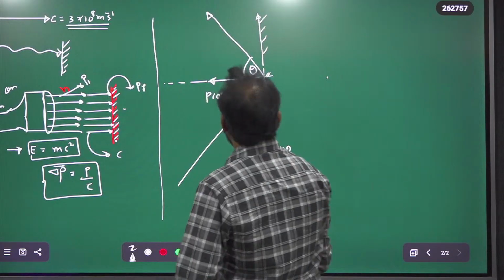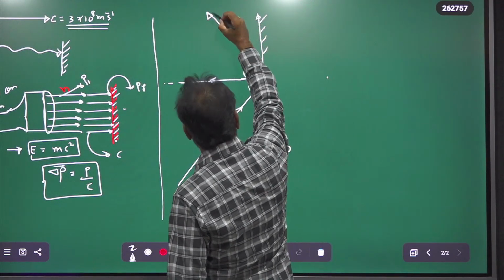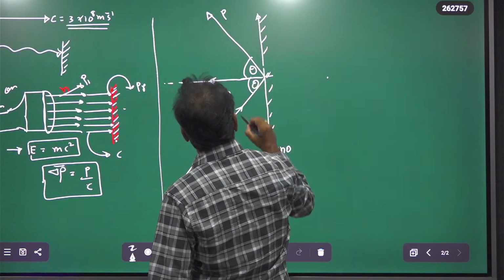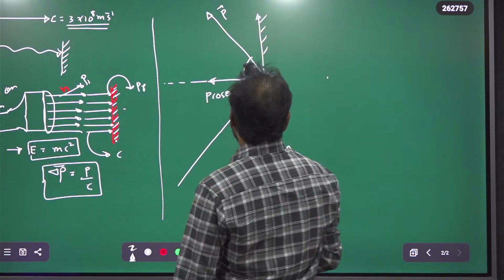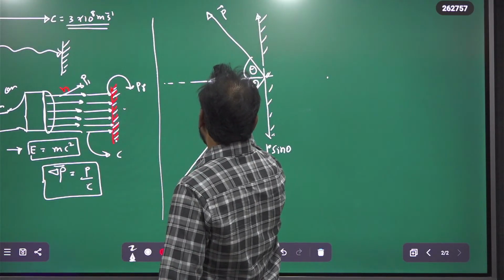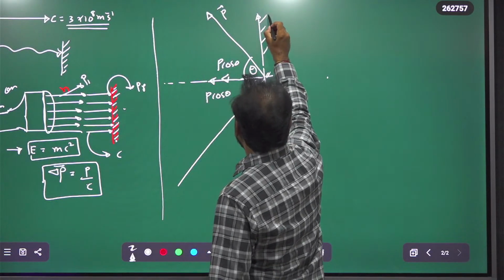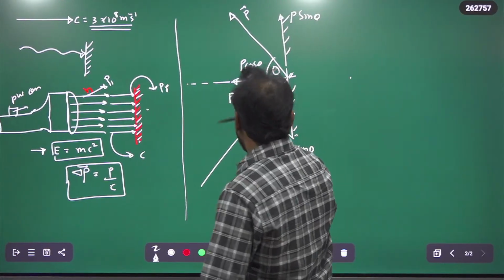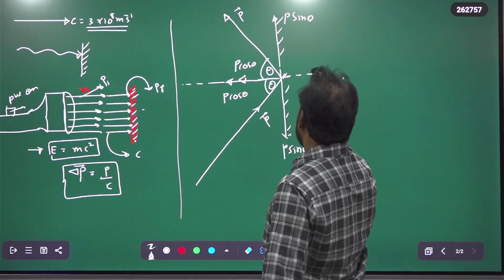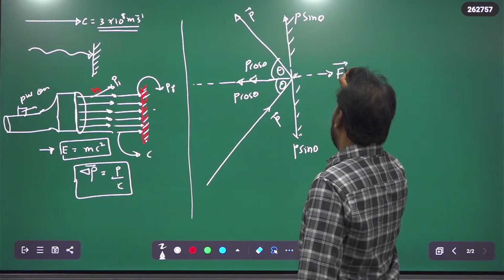Next, when it is reflected in the same direction with the same velocity or the same momentum, P and P, in the reflecting direction we have P cos theta in this direction and P sin theta in this direction. So only the P cos theta component is responsible for the force experienced on the walls.